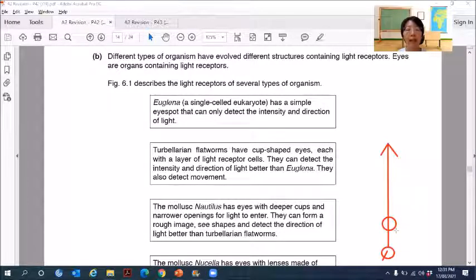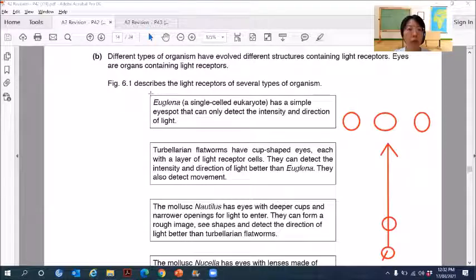Then the cells start to group together to form a multicellular organism like fungi, plantae, and animalia. So this is the direction of evolution, showing you that the organisms become more and more complex, with more and more complex structures and functions being formed in the line of evolution.